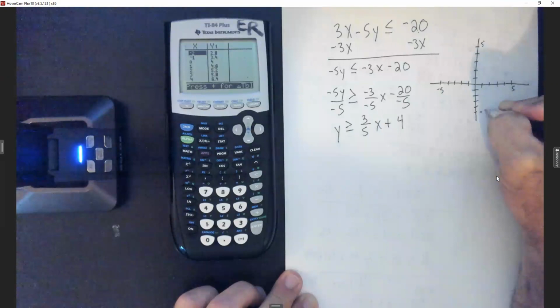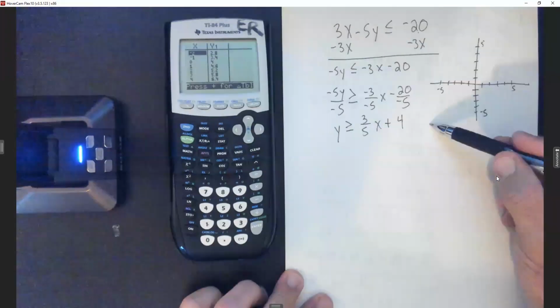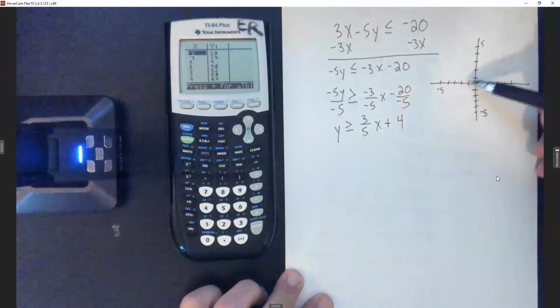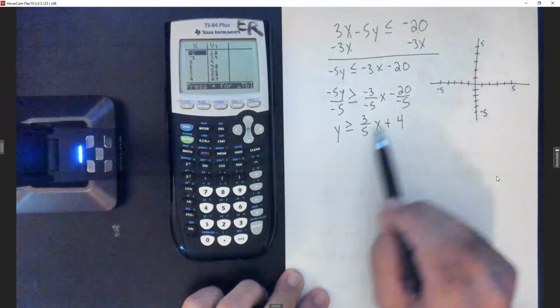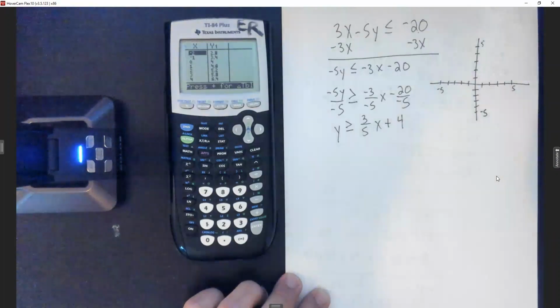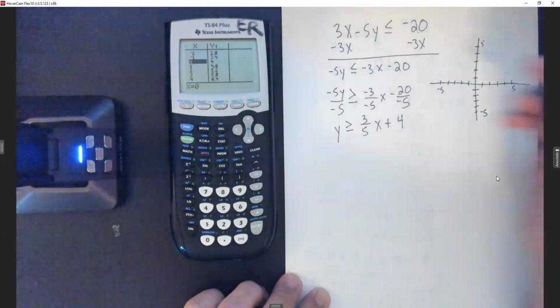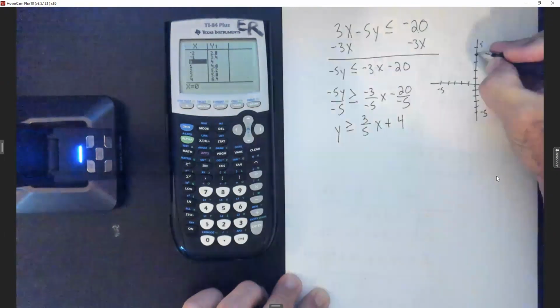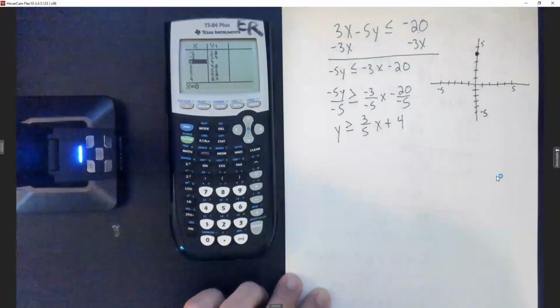Now, I do know one thing. Since that's a positive 3/5, this line better be going uphill left to right. If that was a negative, it would go downhill. All right, so one point I'm going to plot is at 0, 4. So starting at 0, go up to 4. And now, if I go this way, I'm going to get my numbers too big.